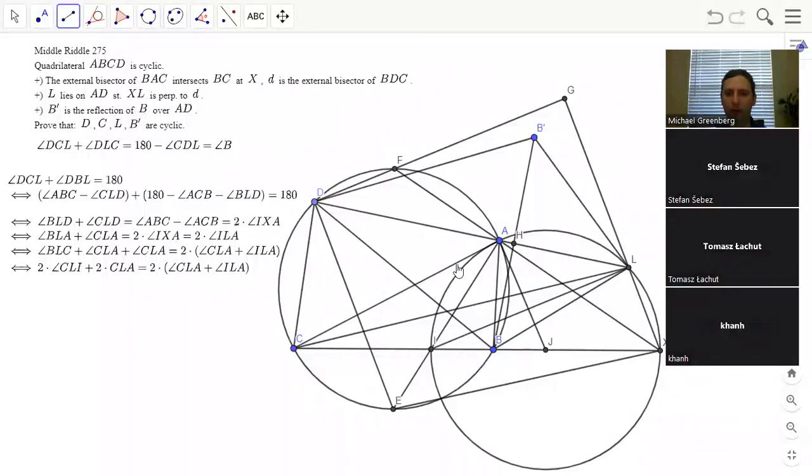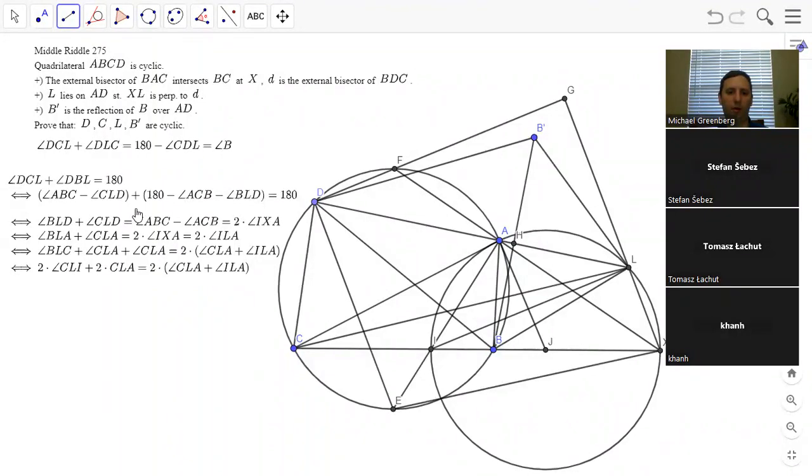Well, this is 180 minus B. Like angle JAC is 180 minus B. So, no, it is equal to B. Actually, yeah, CAJ is 180 minus B, so you can get AJC easily. Okay, so it's 180 minus.